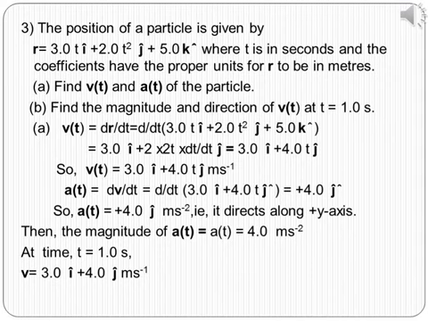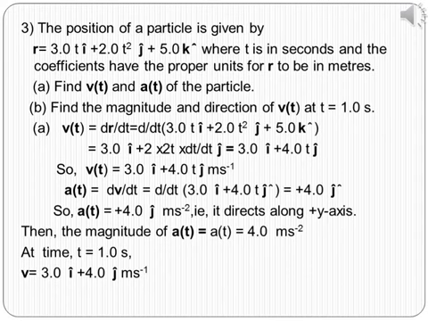We know that v(t) is equal to dr by dt, which is d by dt of (3t i cap plus 2t square j cap plus 5 k cap), which is equal to 3 i cap plus 2 into 2t into dt by dt j cap, which is equal to 3 i cap plus 4t j cap. So v(t) is equal to 3 i cap plus 4t j cap meter per second.